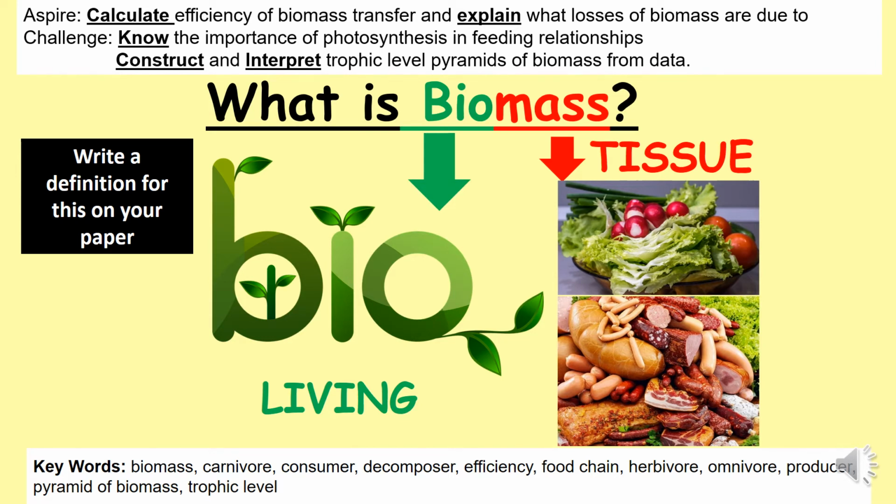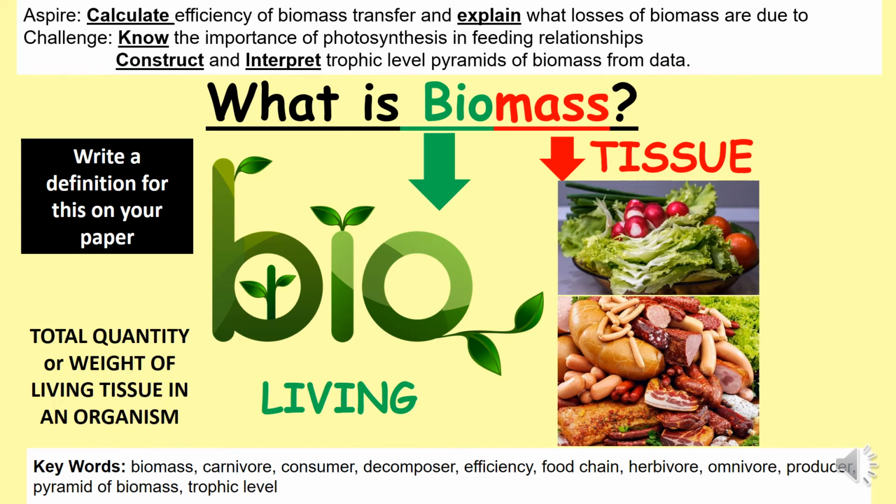Then we end up with this definition. Biomass is the total quantity or weight of living tissue in an organism. So if you can please put down the title, what is biomass, and then underneath that, put it in a bubble, put it in a box, make it highlighted, that definition that's there. Off you go.